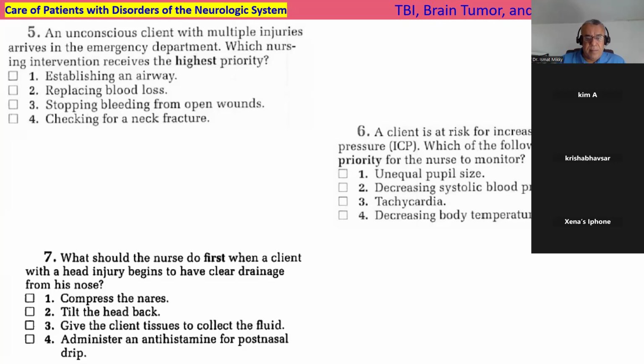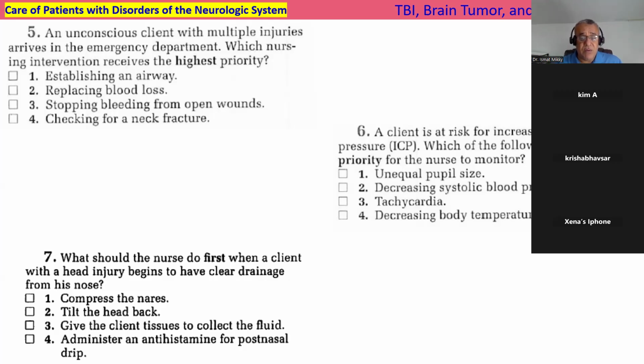Number 6. The client is at risk for increased ICP, which of the following should be the priority for the nurse to monitor? The answer is unequal pupil size. Remember the previous question, the answer was to assess the pupils, PERLA.